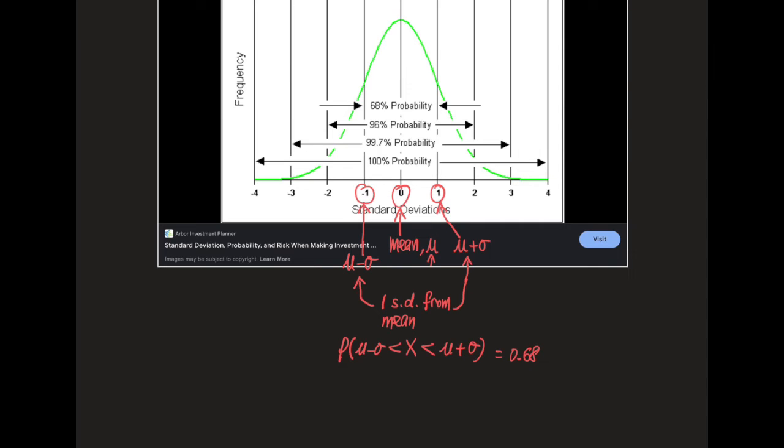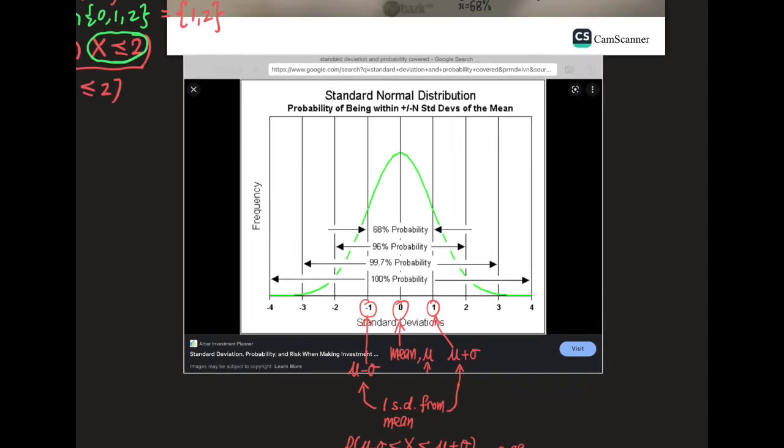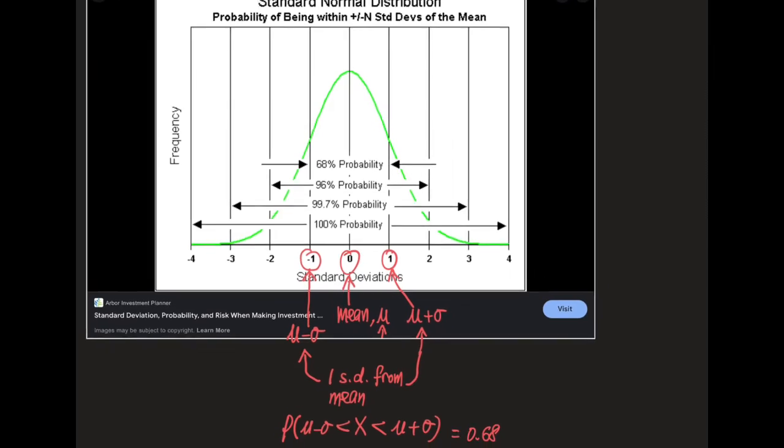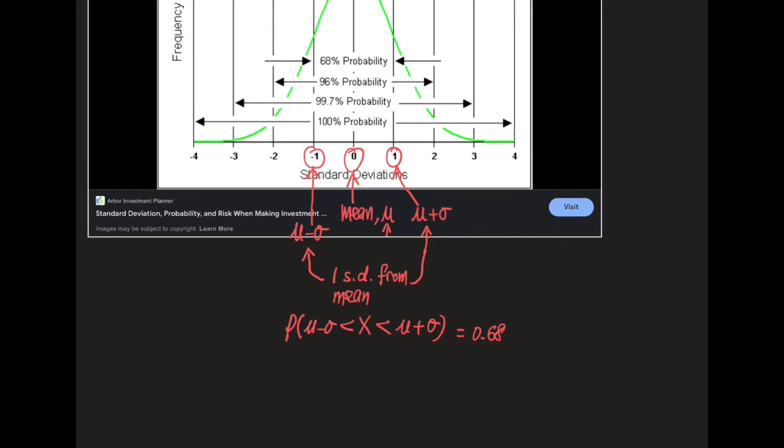It's by chance the same percentage. Just now, 68% was the mean; now one standard deviation from the mean is also 0.68 probability. It's not the same thing.